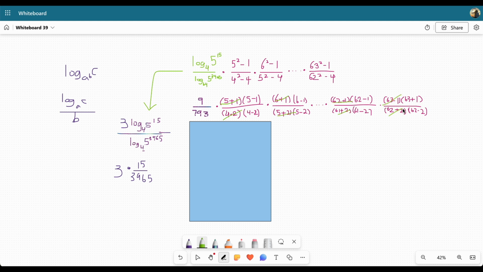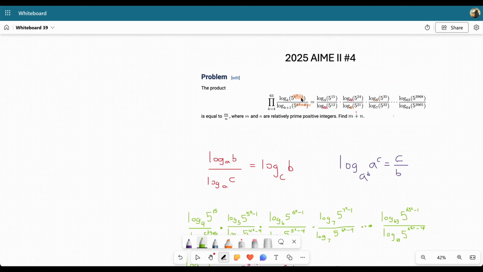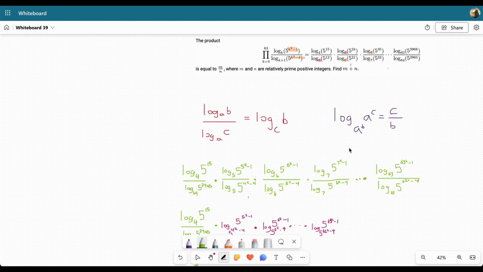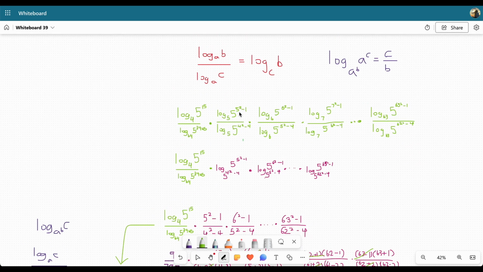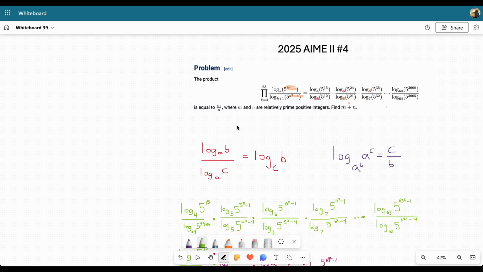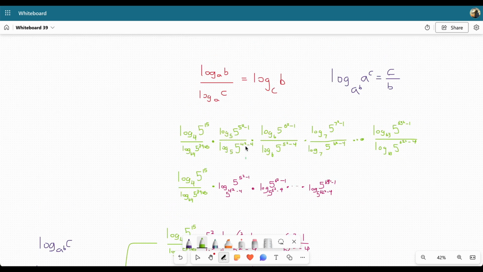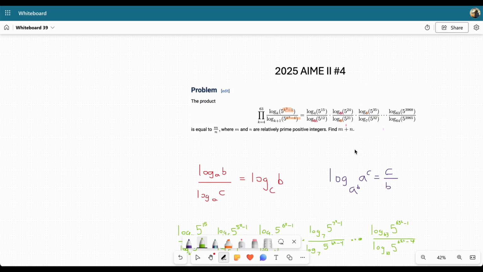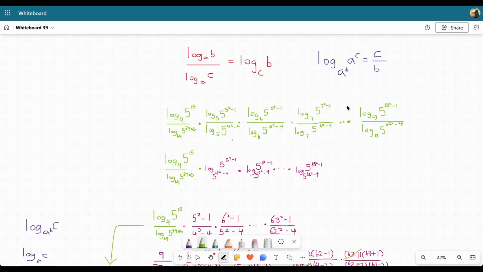And that's not a coincidence, because notice how in the beginning, each one is going to have k squared minus 1. Each term is going to have k squared, so every k from, I believe, 5 to 63. The numerator is going to be k squared minus 1, and the denominator is going to be (k minus 1) squared minus 4.